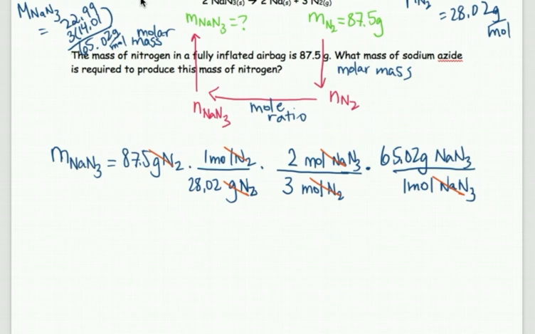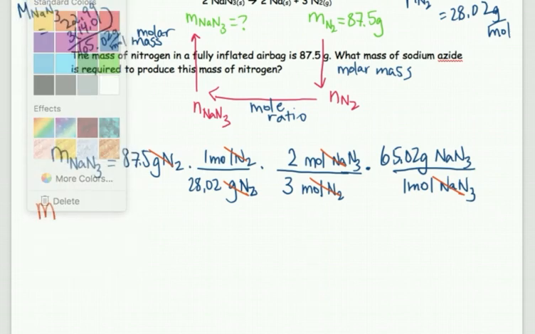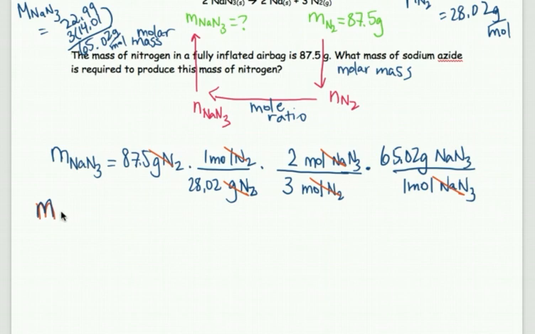Okay, so multiply everything at the top, hit equals, then divide the bottom stuff. Okay, and then we get to a total of 135.36.